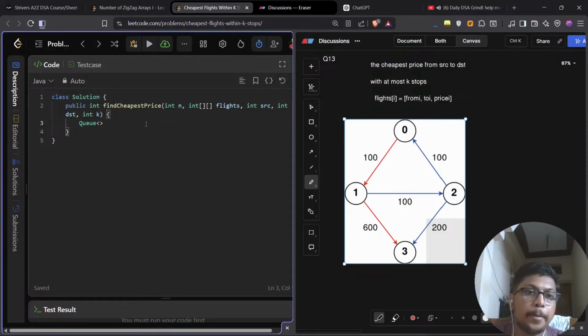Do I need any other thing other than node? Yeah, of course. Distance, right? Distance and node itself. So what I would do is, what about making a class?